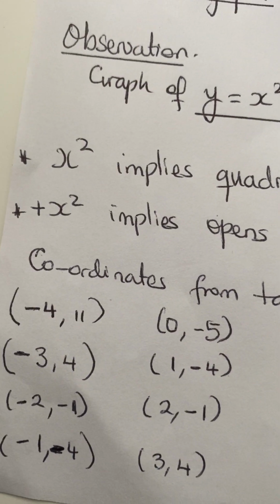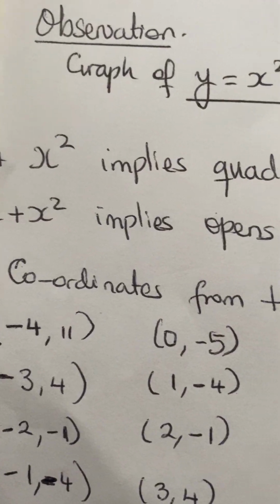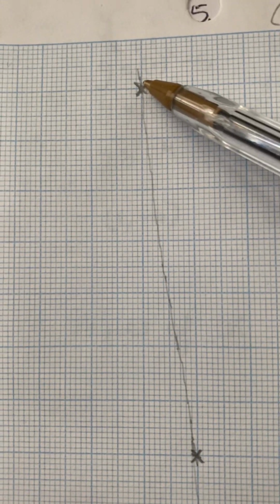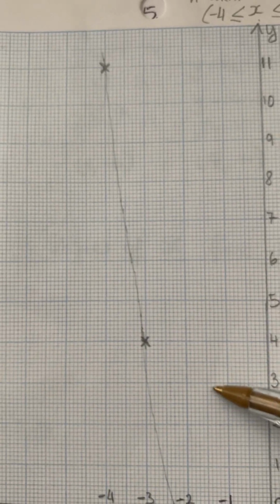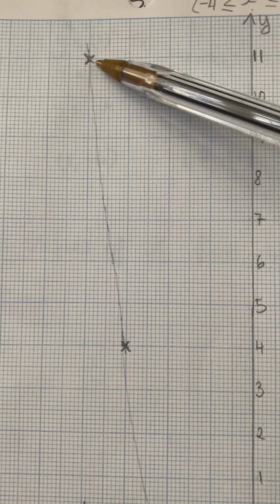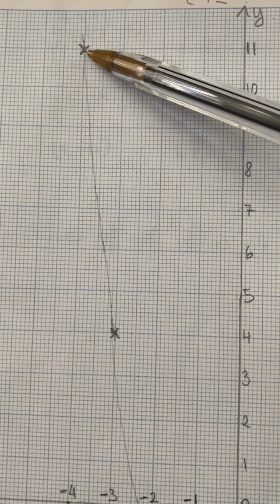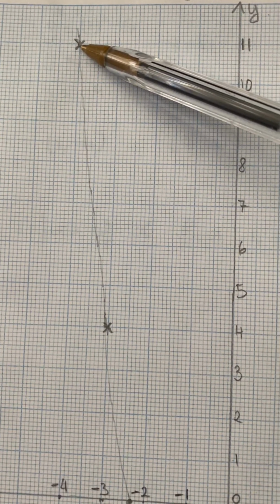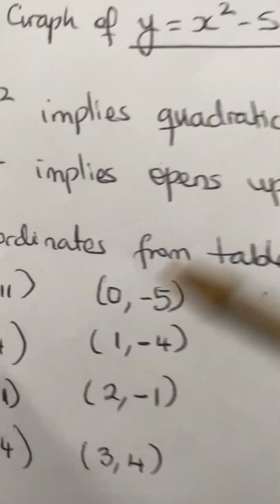So I'm going to plot the coordinates now. So -4, 11 there. That is -4, 11. Here you could use a ruler. You will not be videoing yourself, so you can use a ruler. -3, 4.